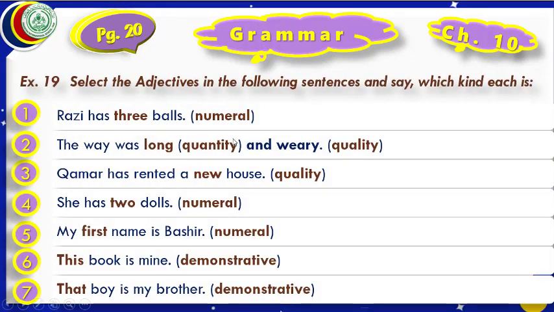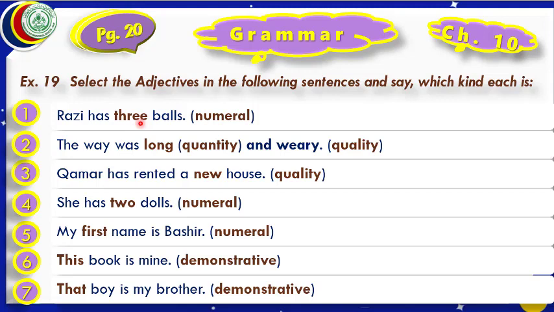Dear students, let us move to the exercise. In this exercise, first of all, we shall select the adjective and then we shall say which type of adjective it is. For example, the given sentence is: Razi has 3 balls. What is the adjective in number 1? 3.